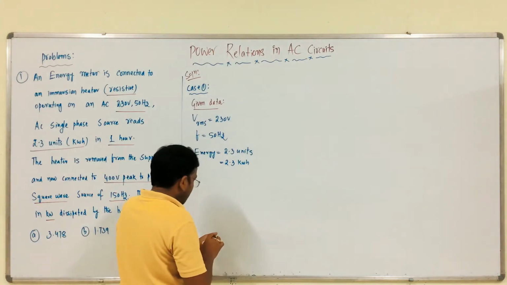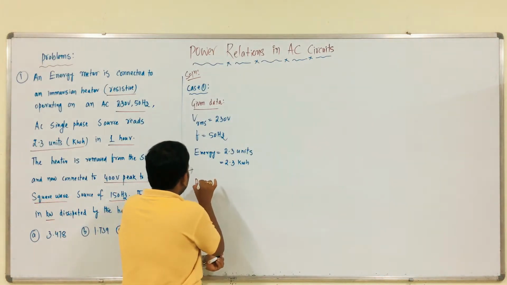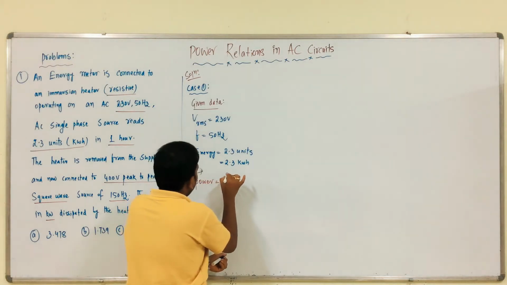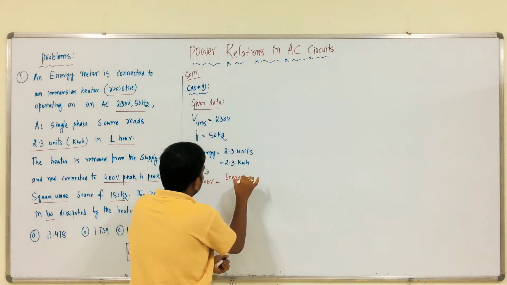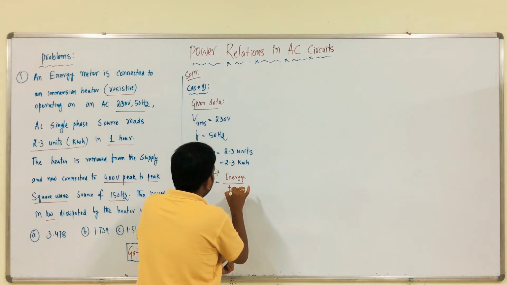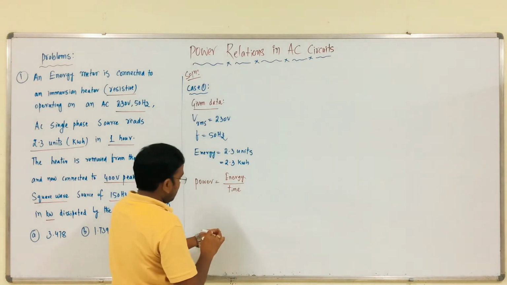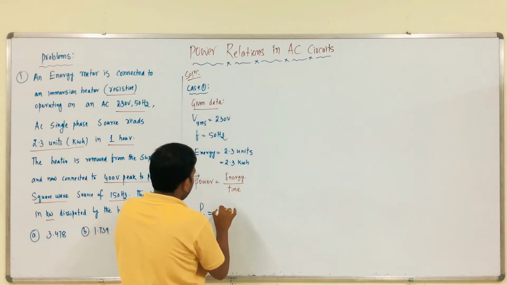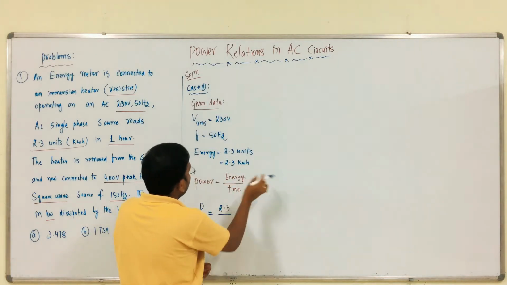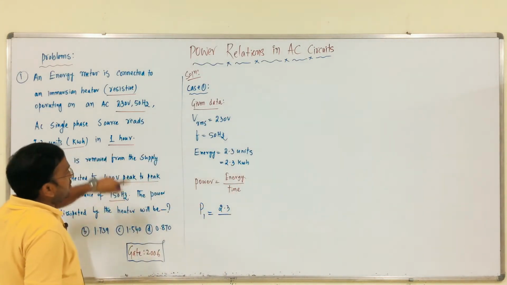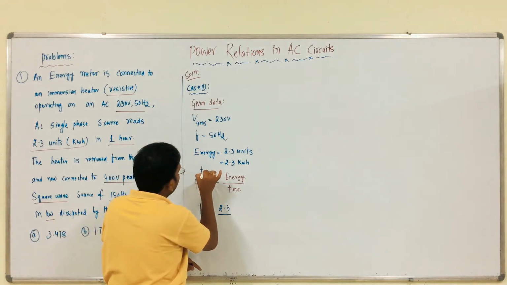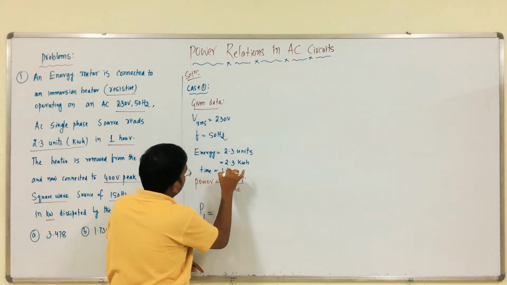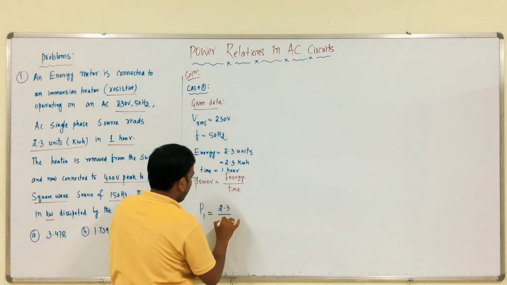So, power equals what? We all know that power is energy by time. For example, P1: energy is 2.3, and the provided time is 1 hour, so T equals 1.